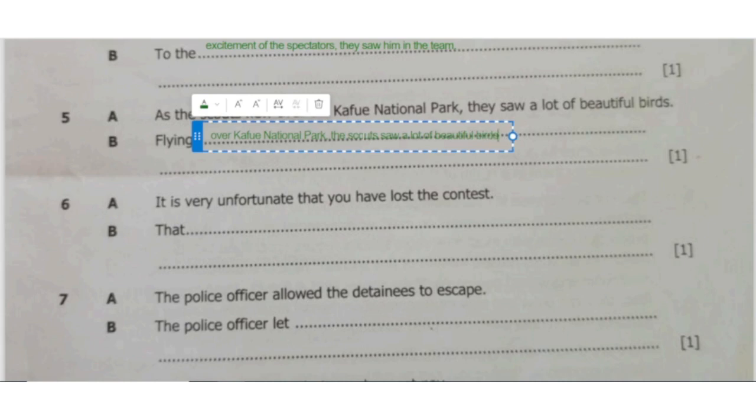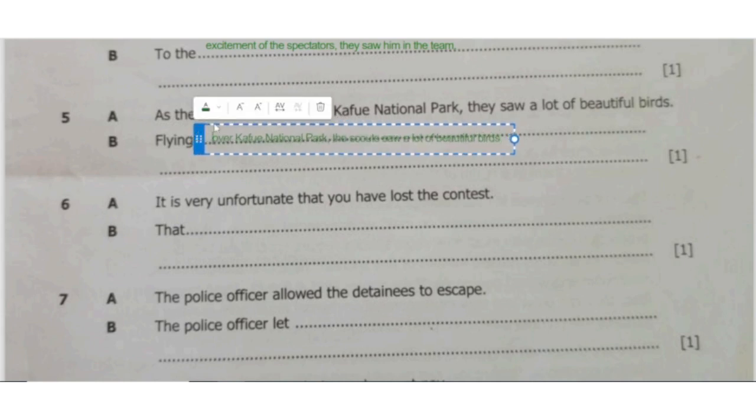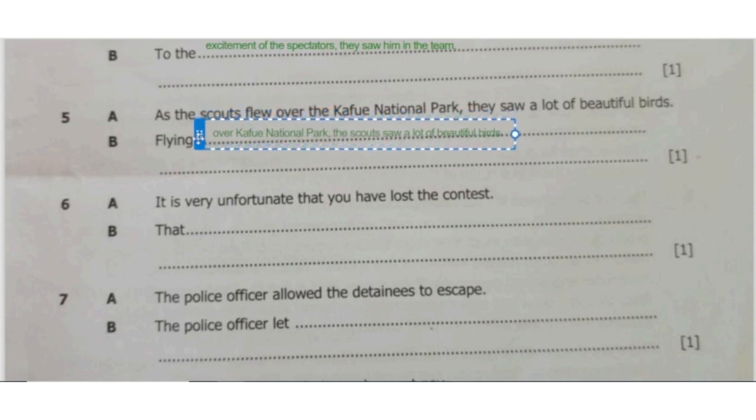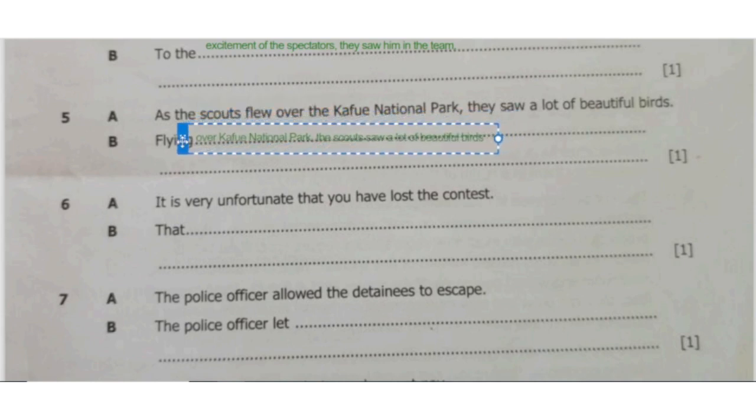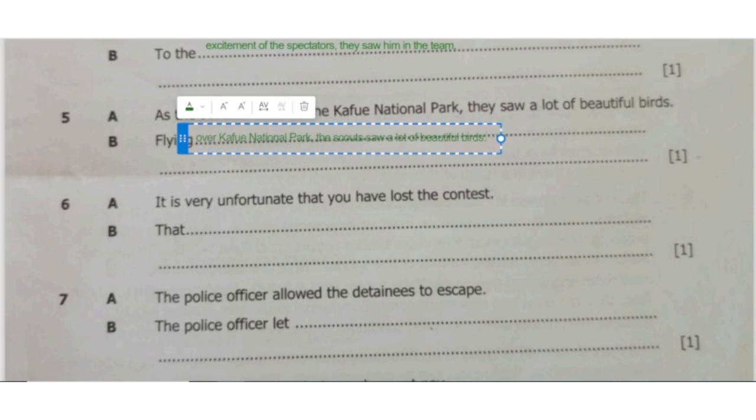A lot of beautiful birds. Okay, so that is the answer. So what have I forgotten to write to this? What I've forgotten is a full stop. You don't have to leave the full stop out. Commas and full stops are very important. So flying over Kafue National Park, the scouts saw a lot of beautiful birds.